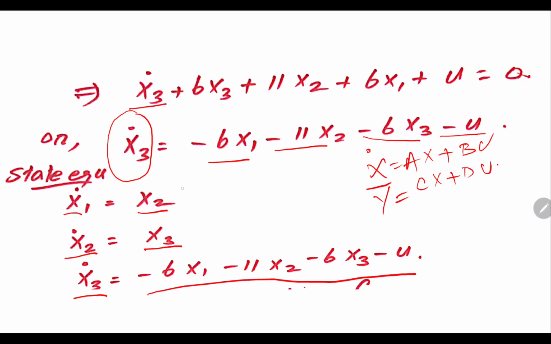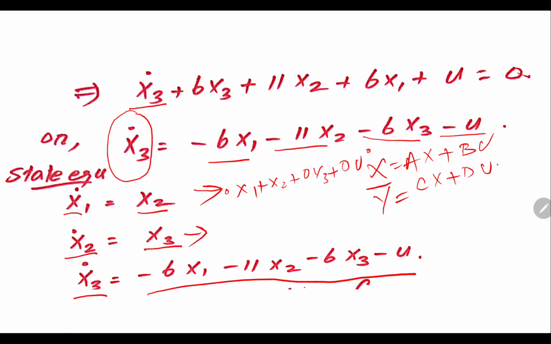In the first equation, the x1 coefficient is 0, so we can write 0 x1 plus x2 plus 0 x3 plus 0 u.